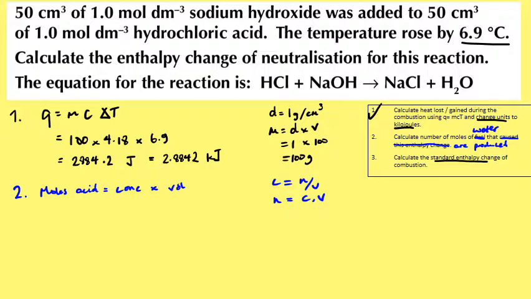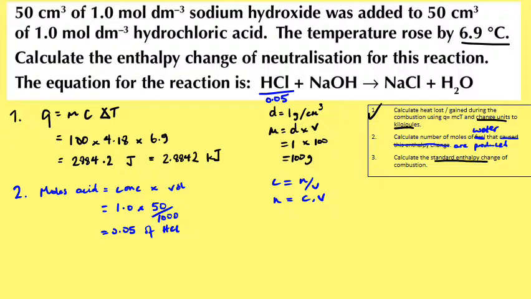They're the equations that I'm referring to there. So the moles of acid is the concentration, which was 1 molar, and the volume was 50 cm cubed, but if you remember, we use decimeters cubed in these equations, so we have to convert that into dm cubed, and that all turns out to be 0.05 moles of HCl.